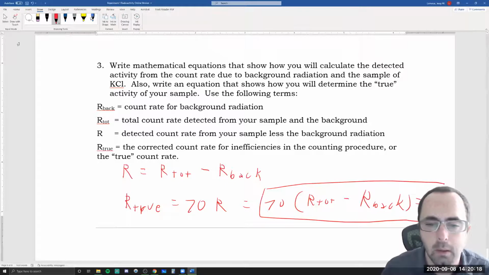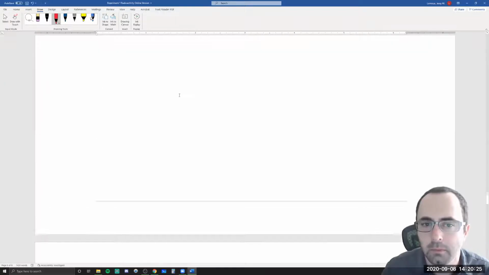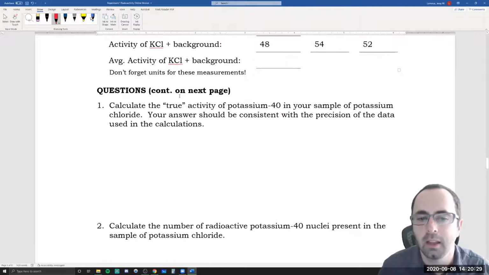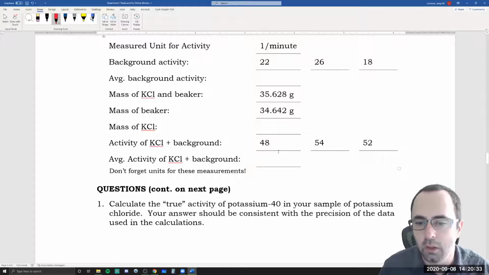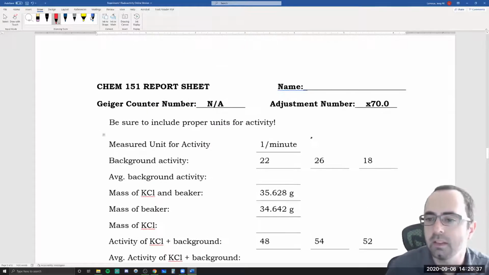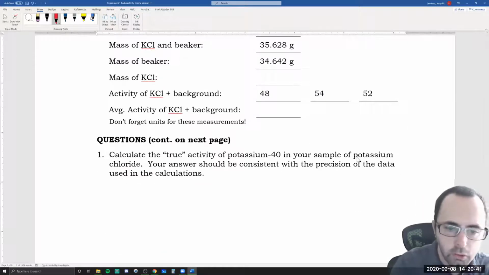So let's go ahead and apply that in our actual calculations here. So going back up here, calculating the true activity of potassium. So what you're going to do is you're going to apply that equation basically, because our multiplier here is 70.0. So we're going to use that. So our R true, and I'll call it R true.